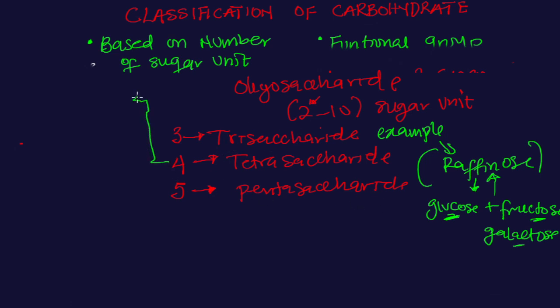Now we have another one, which is tetrasaccharide. An example of tetrasaccharide is stachyose. One thing about stachyose is that it contains 4 sugar units: 2 galactose, 1 glucose, and also 1 fructose.